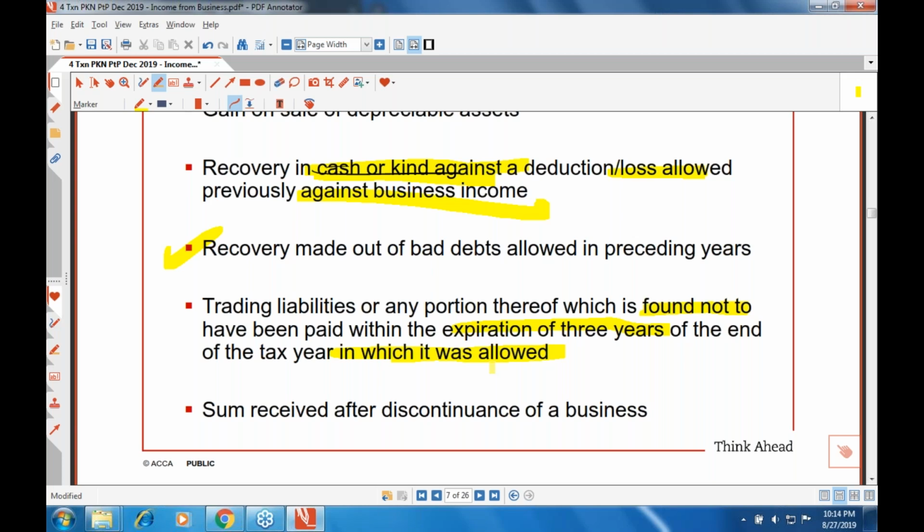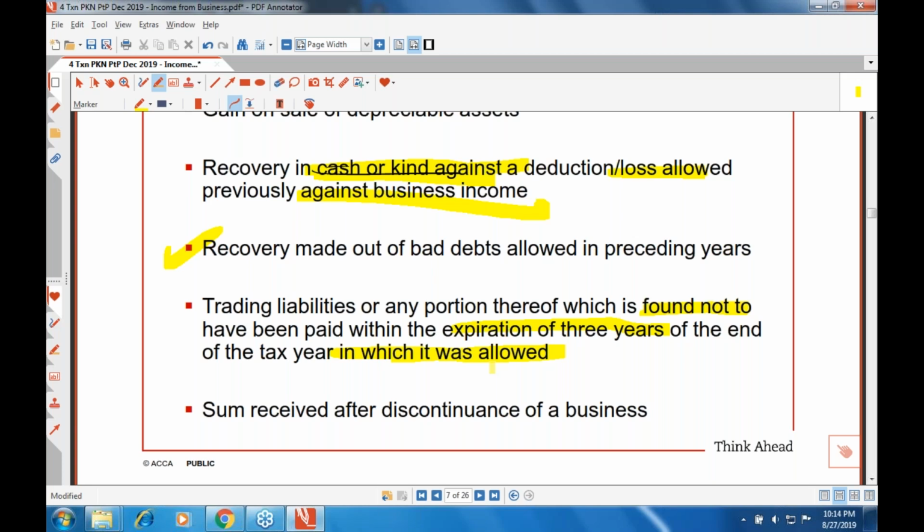Then what the law says is that in the fourth year, that amount is going to be included in your income from business.